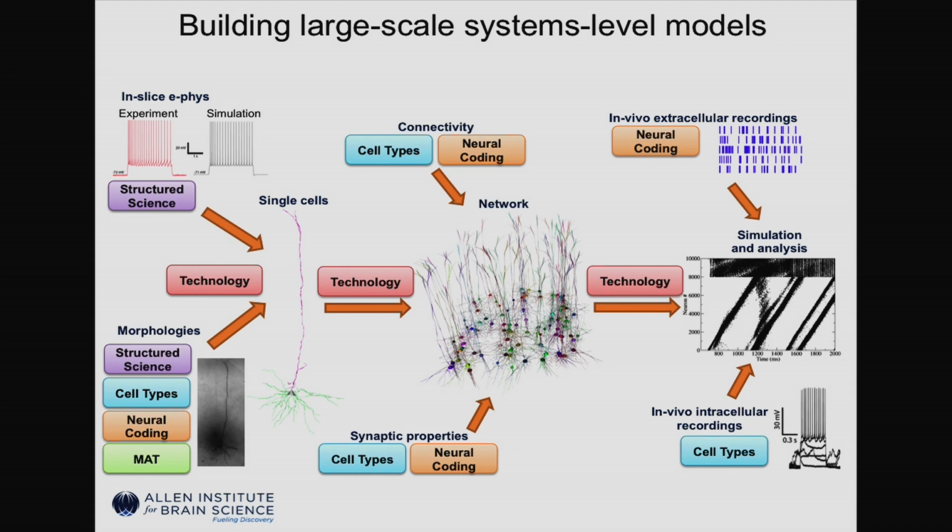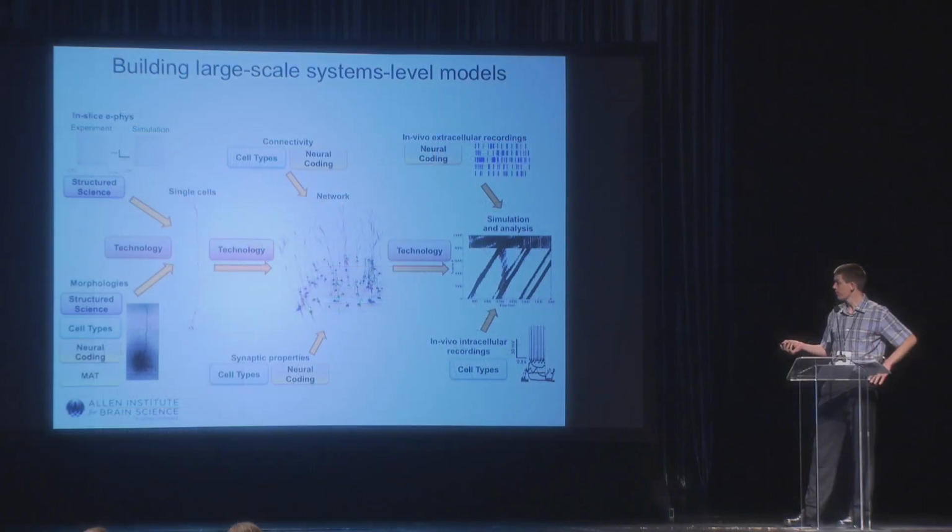You will hear more about this later during these 2 days. So we combine this information to create models of individual cells, and then we use them as building blocks to create models of networks. And there, for the connectivity and for synaptic properties, we again use the information obtained in-house, such as that described to you by Nuno, Shomo, and Ali.